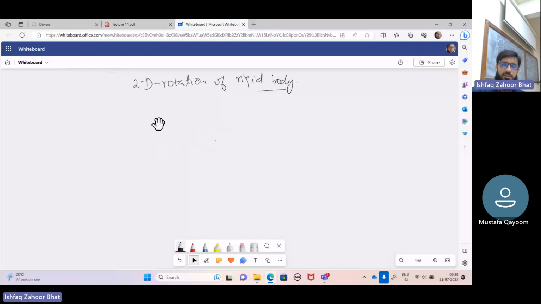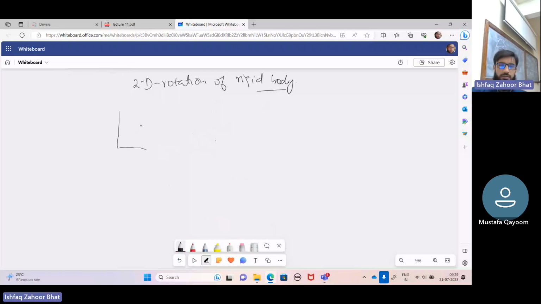You can even see people with big figures who are not comfortable with the rotation stuff. So I hope you follow with me, and if you find any difficulty, you ask questions. So let's get started with the rotation of the rigid body.